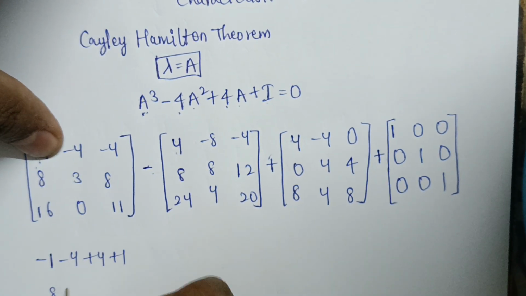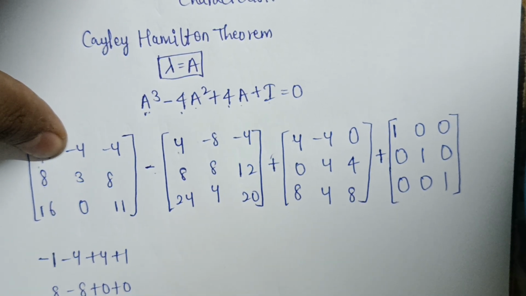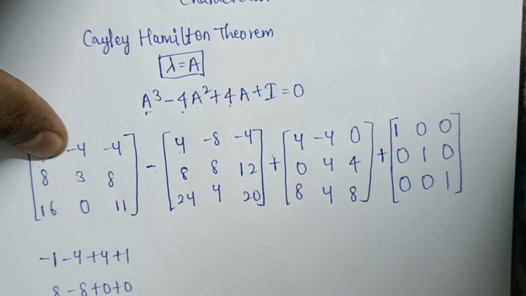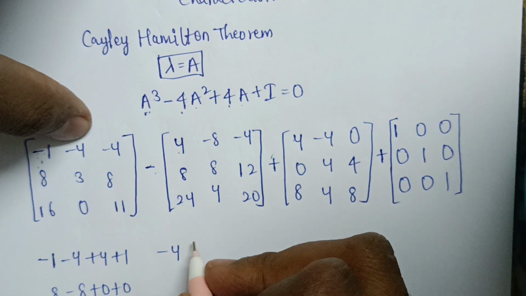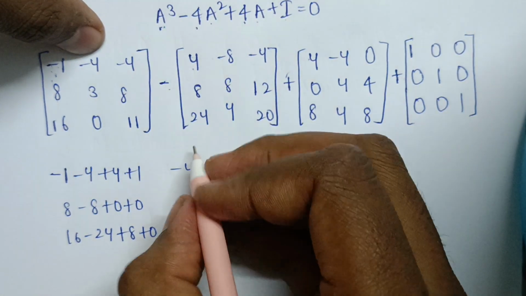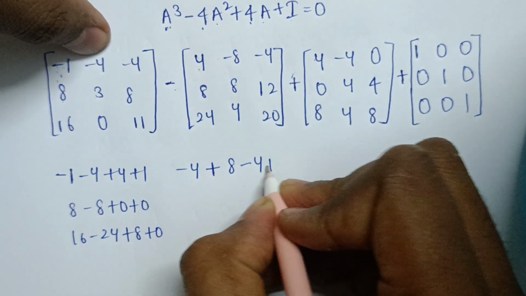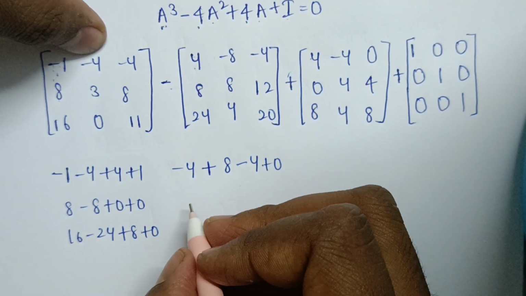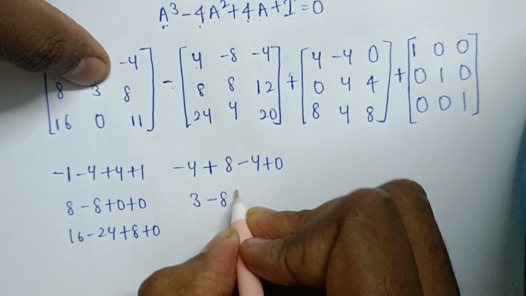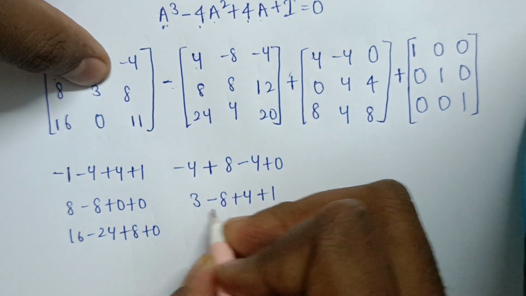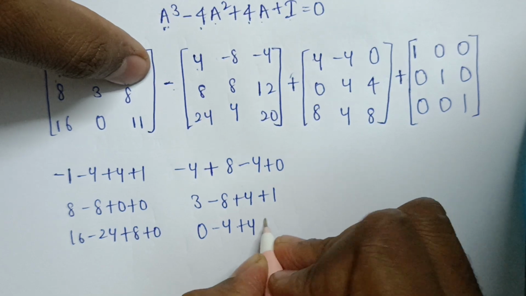Second row, 8 minus 8 plus 0 plus 0. 16 minus 24 plus 8 plus 0. Okay. Next element, minus 4 minus of minus plus 8 minus 4 plus 0. 3 minus 8 plus 4 plus 1. 0 minus 4 plus 4 plus 0.